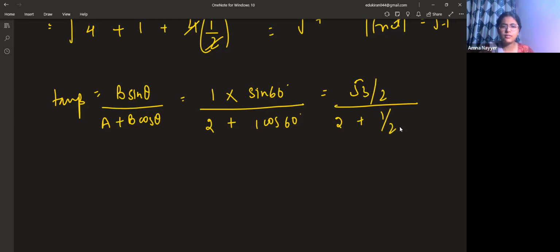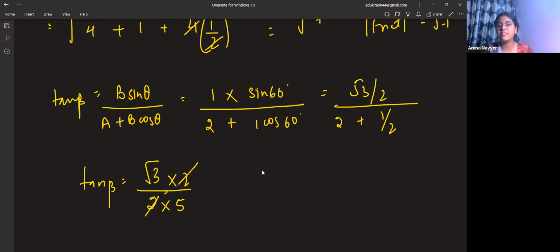Let us solve this. 2 plus half becomes 4 plus 1, that is 5 by 2. So tan beta is root 3 by 2 into 2 by 5, so tan beta is root 3 by 5.